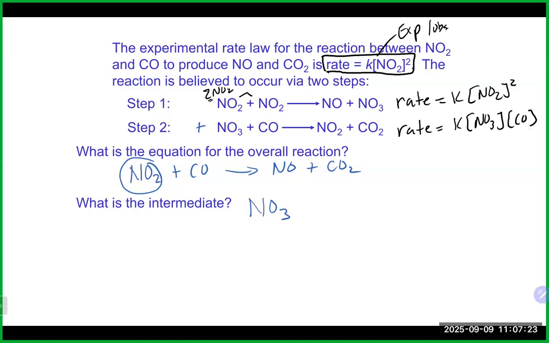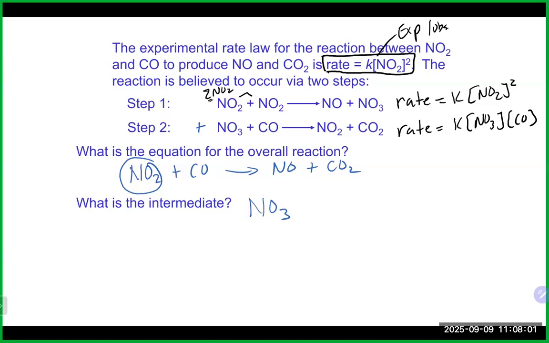Now, by doing this and knowing the experimental rate law, we should be able to determine a couple of things. The first thing is, step 1 or step 2, which one is actually the rate determining step? Which one is the slowest step? In order to know which one is the rate determining step, it should have the same rate law as the one that was found experimentally. So which step has the same rate law as the one found experimentally?